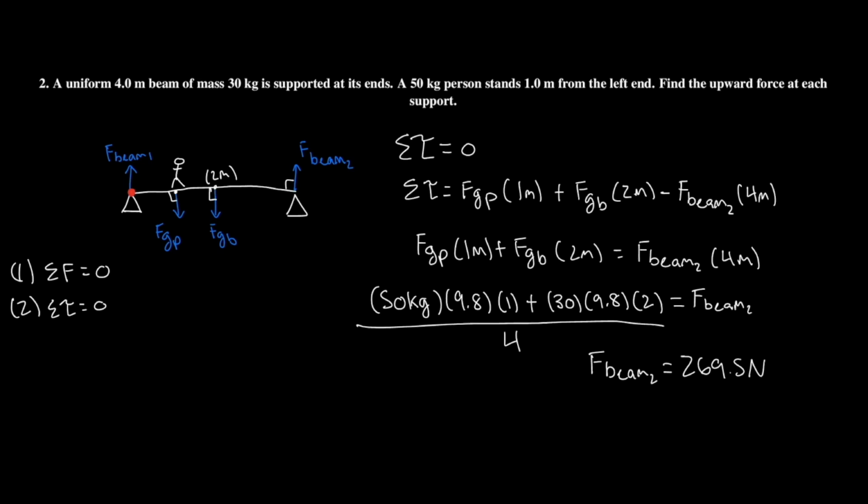So option 1, we know that the sum of all of the forces should be equal to 0. And we know that from our forces, that should imply that the forces of the two supports is equal to the two forces of gravity. We can then move things around to solve for the force of the first support.